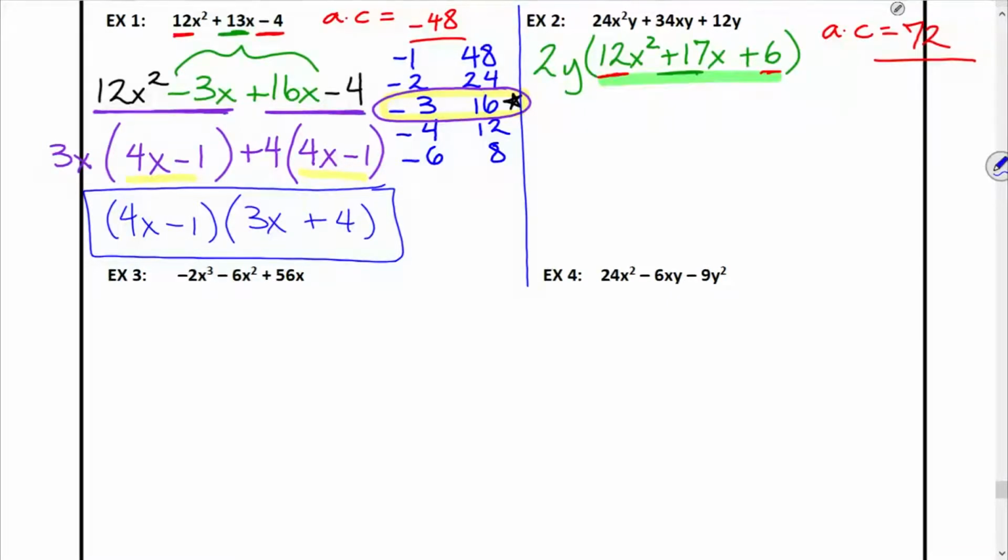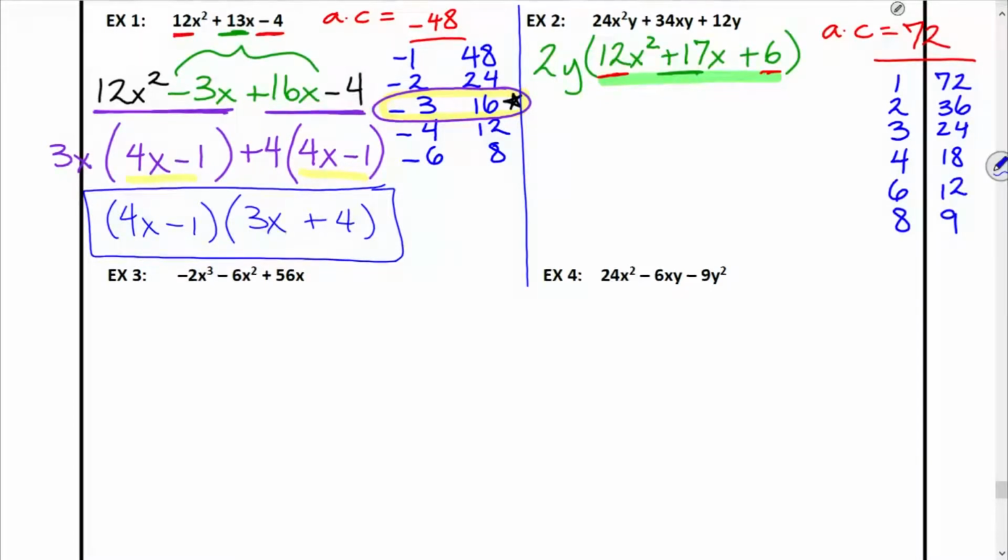So I'm looking for two positive numbers so that they multiply to be positive and add to be positive. So here we go. I have 1 and 72, 2 times 36, 3 times 24, 4 times 18, 6 times 12, and 8 times 9. You can use a calculator for this.